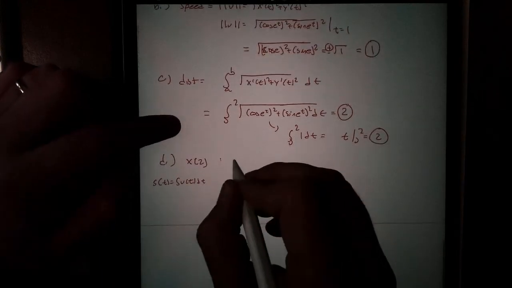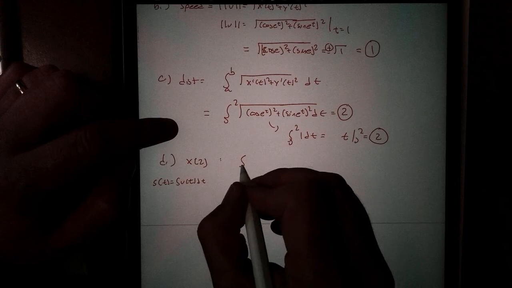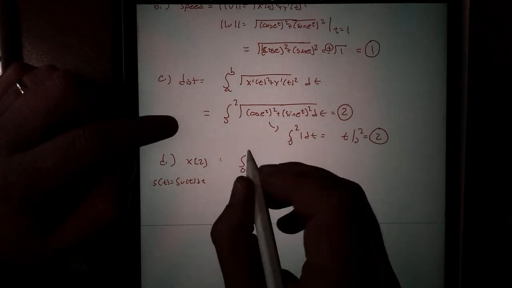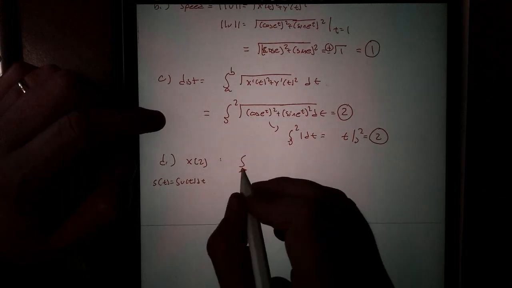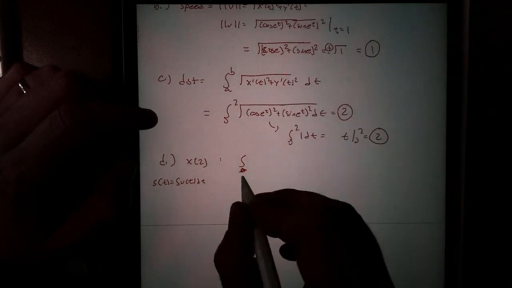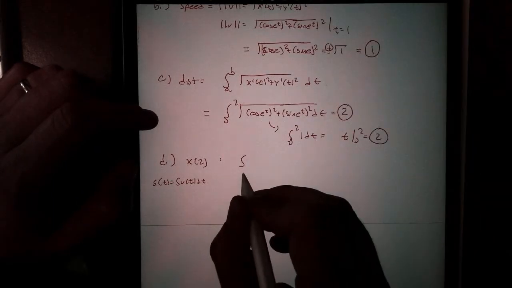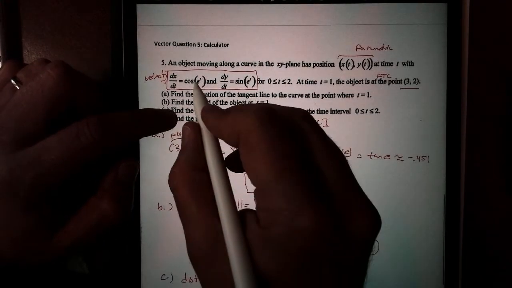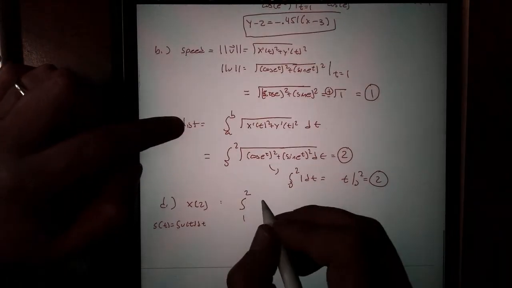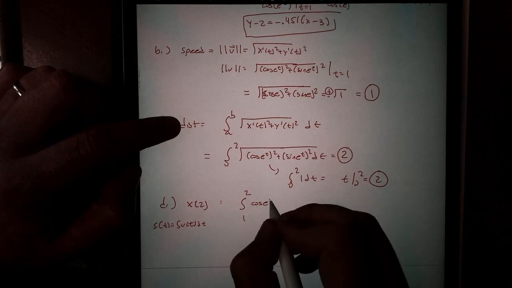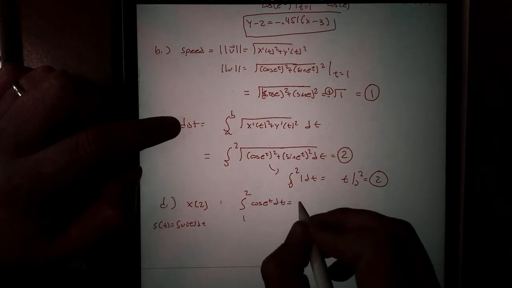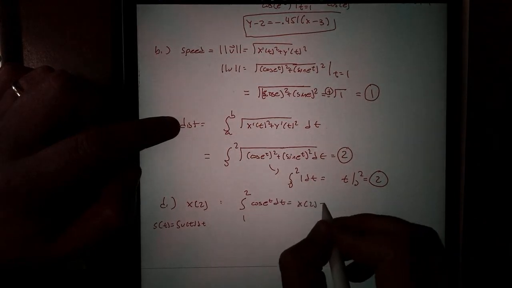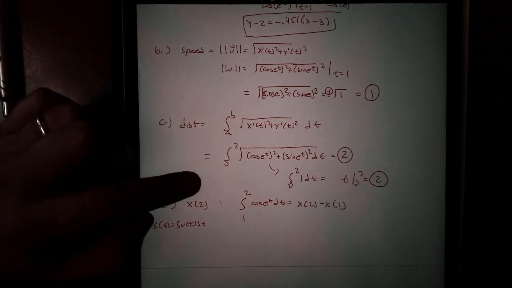So for my x of 2, it's going to be the integral from, sorry, not from 0, from 1 to 2. Now we're going to plug in our x prime, cosine of e to the t, dt, and that's going to equal x of 2 minus x of 1.